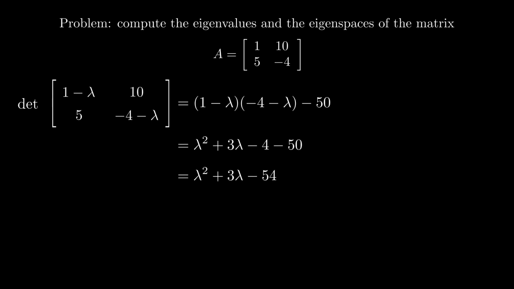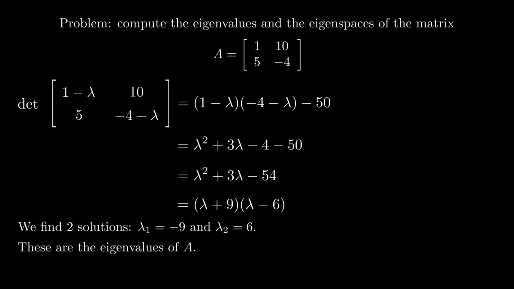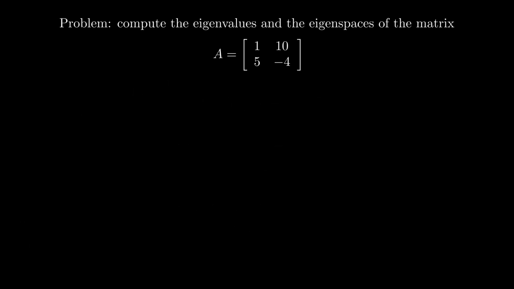And then, using any method to solve this quadratic equation, we see that this equals (lambda plus 9) times (lambda minus 6). We therefore find two solutions, -9 and 6, and these are precisely the eigenvalues of the matrix A.